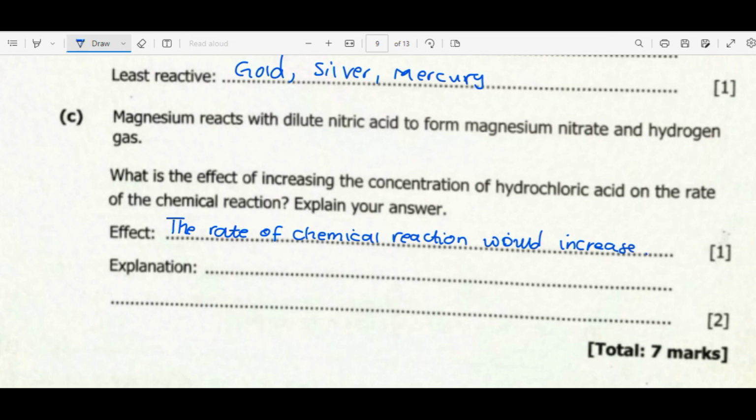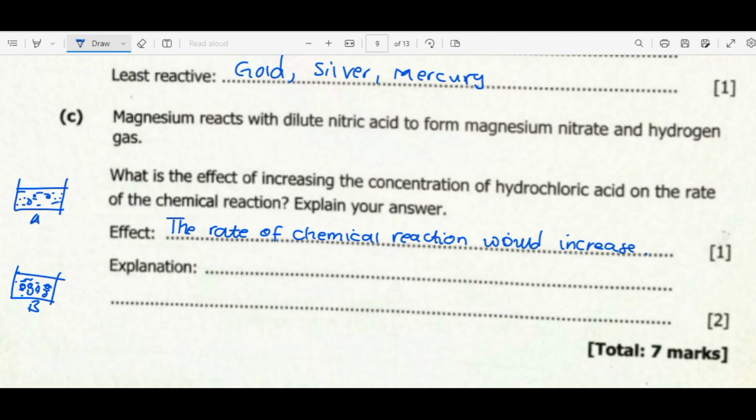The reason why we are saying that is that if, for example, we have two beakers, then in each beaker we have different concentration such that one has a greater concentration than the other. So consider beaker B with higher concentration and A has lower concentration.